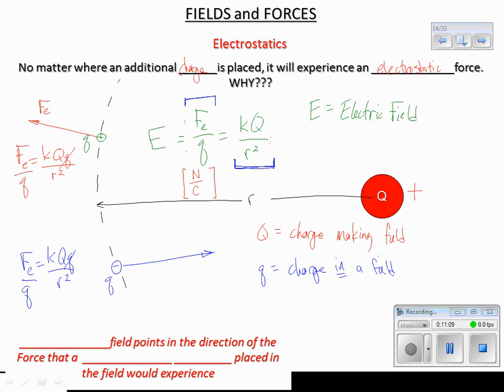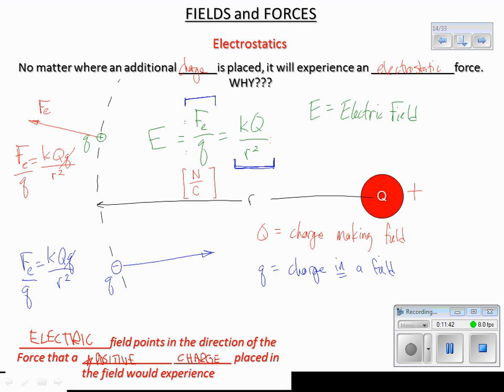And here's our convention. The convention is the electric field points in the direction of the force that a positive charge placed in that field would experience. We'll say that again. Electric field points in the direction of the force that a positive charge would experience. So we're not saying that field and force are the same thing, but they can point in the same direction.